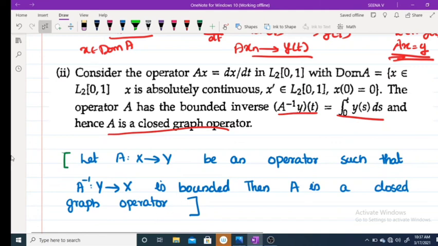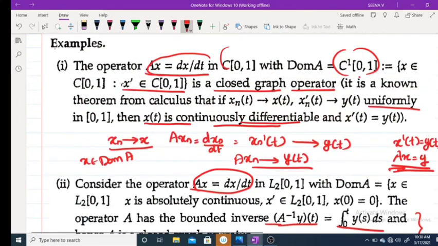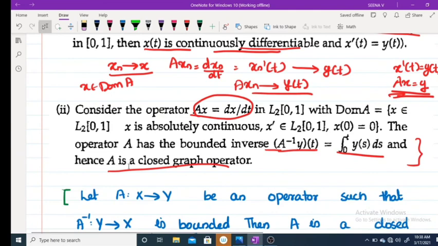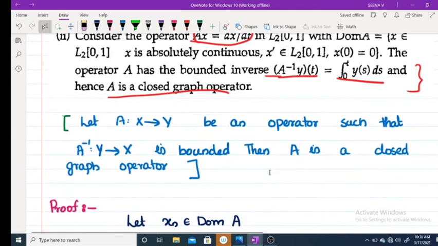Here the operator A has a bounded inverse, so using this result, this operator Ax equal to dx by dt in L2[0,1] with the given domain is a closed graph operator.